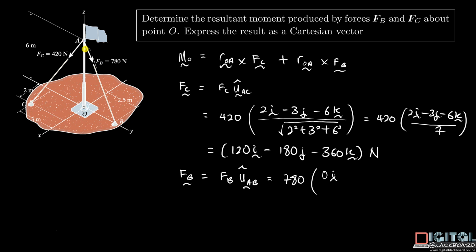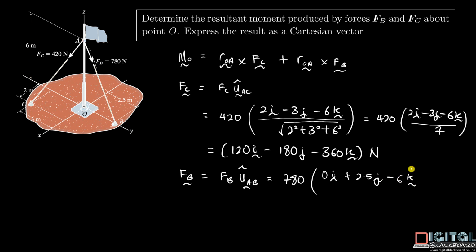In the y direction, it moves 2.5 meters positive, so plus 2.5j. And finally, in the z direction, it moves downwards by 6 meters, so it's minus 6k.